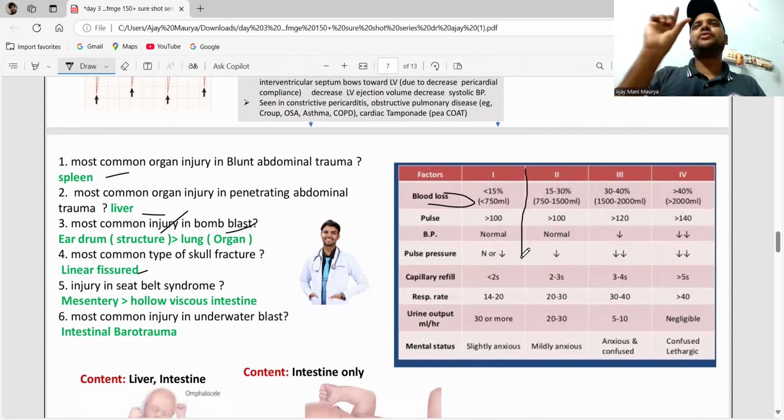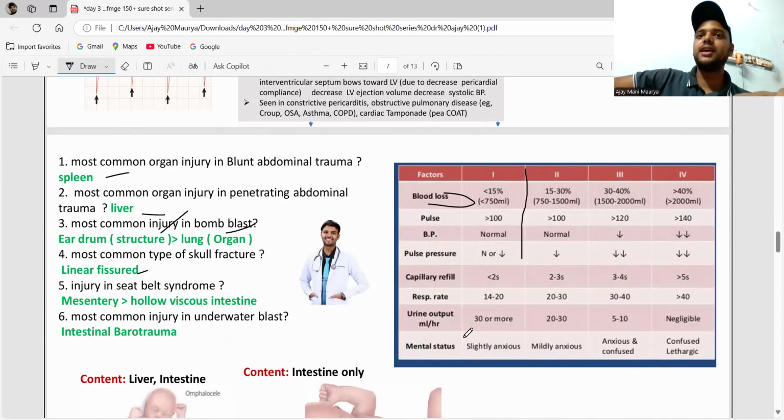There is just a little blood loss, only 1 ml. So my BP will be normal. I'm not going into an unconscious state. So this is going to be class 1.